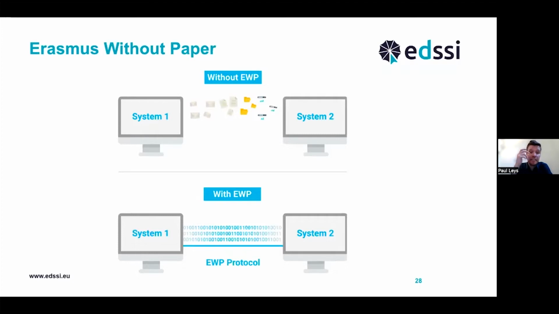So the idea is that systems exist. In a paper world, you use your system in order to create an agreement, but then in the end of this process, you create a PDF or a real copy and send it via PDF or via airmail to your partner university. In EWP terms, the idea is systems are connected and they exchange digital information.